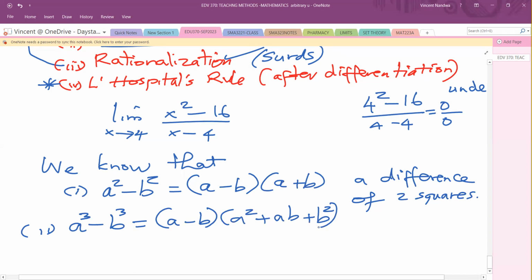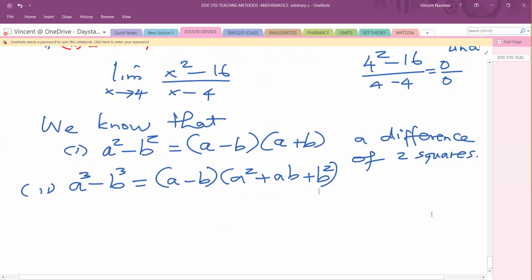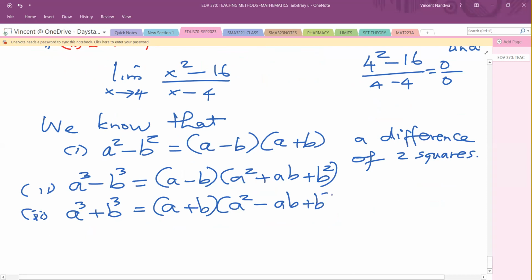It's also an expression that can help you to do some factorization, then reduce the problem into solvable form. Then kuna another identity, a power 3 plus b power 3 ni a plus b into a squared minus ab plus b squared. So keep these three identities. These are most used in some of the problems involving factorization.